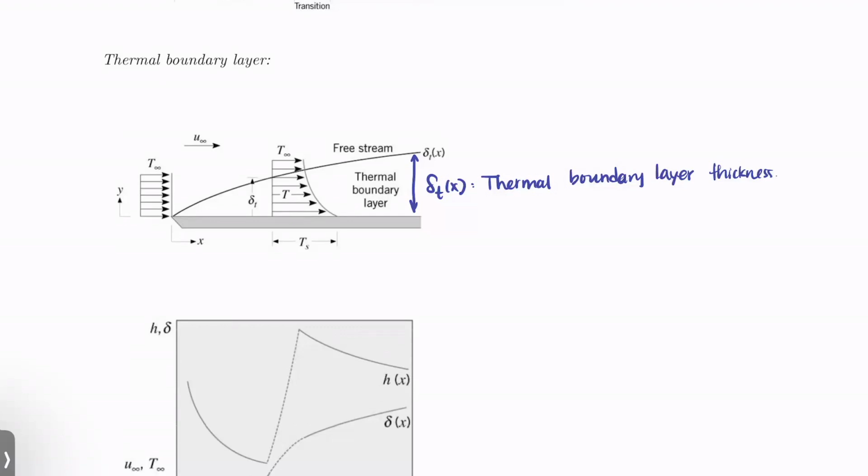This is maybe intuitive, but you can imagine that if you have a hot plate and air flowing over it, the air right next to the plate is going to be the same temperature as the plate, and then it'll slowly cool off as you get further away from it, right? And so this thermal boundary layer thickness basically just draws the line where the fluid is at 99% of the far away fluid temperature. All right, so this is the distance away from the plate where you've returned to your upstream temperature.